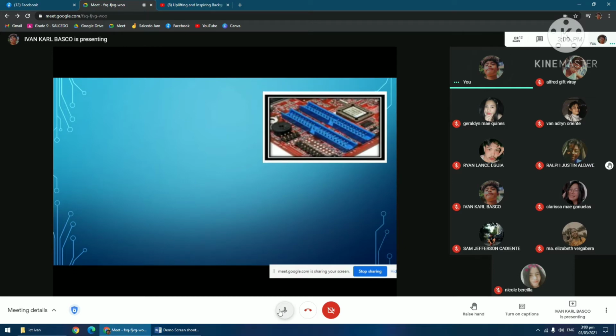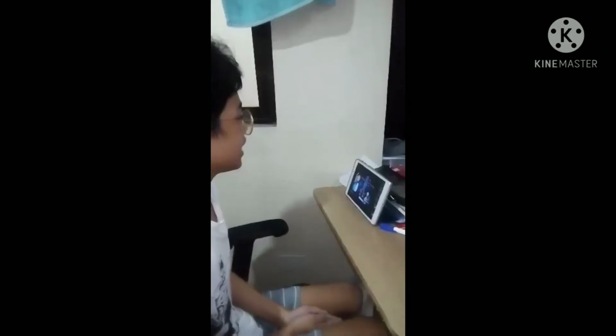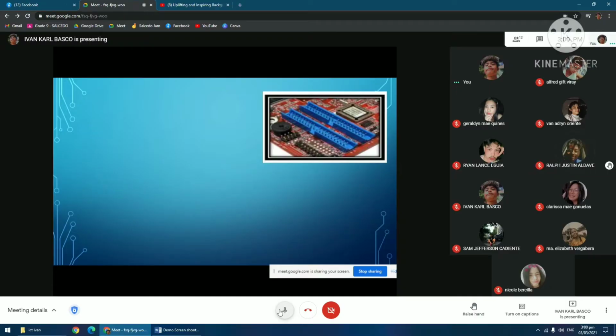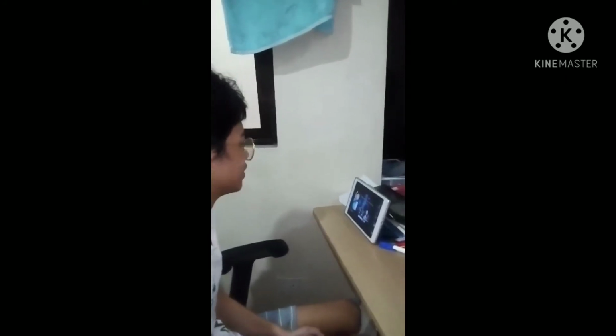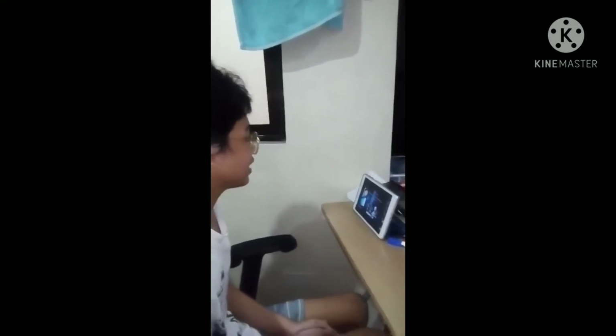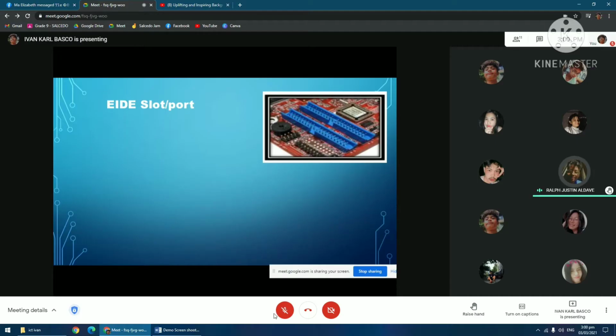Who wants to answer? Go, Ralph. Sir, IDE slot. Please repeat. IDE slot. Okay, let's see. This part of the motherboard is where the IDE cables are connected, intended for drives including hard disk drive and optical disk drive.